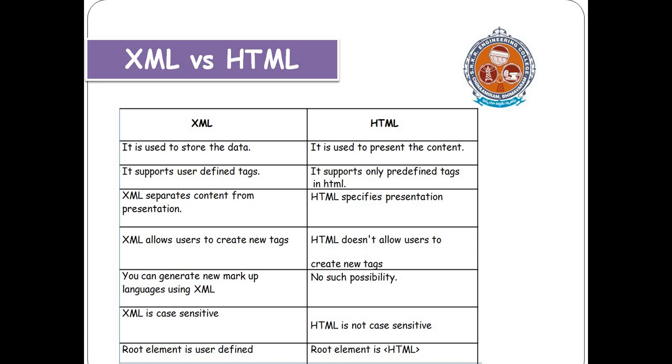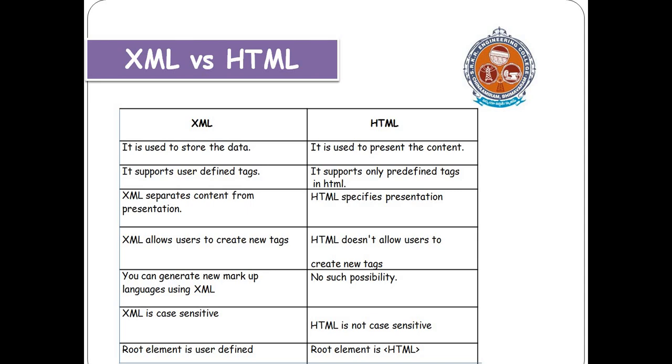XML is case sensitive, HTML is not case sensitive. That means in XML the end tag should match the case of the start tag. For example, consider a tag book written as BOOK. If the start tag is in capital letters, the end tag should also be in capital letters, otherwise a type conflict will occur.